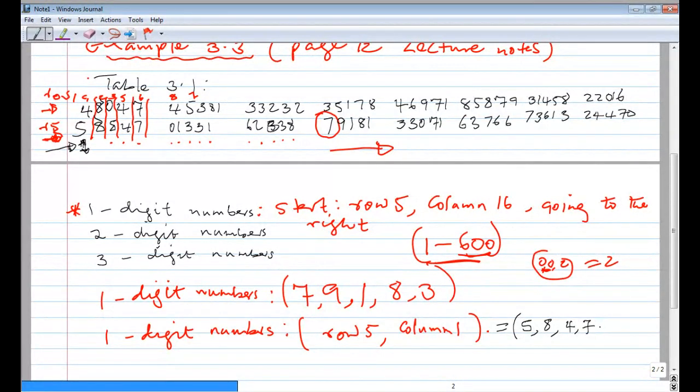There are many 0s: 1, 2, 3, 4. The next one is 0. So those are the 5 numbers that we're considering using 1-digit numbers. I think for 1-digit numbers it's clear. Okay. So now let's go to 2-digit numbers.